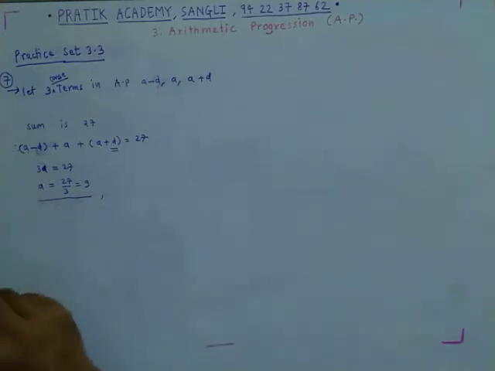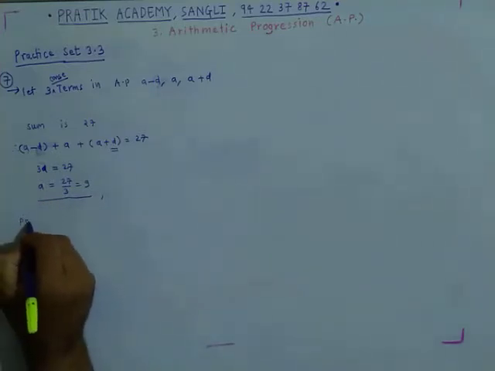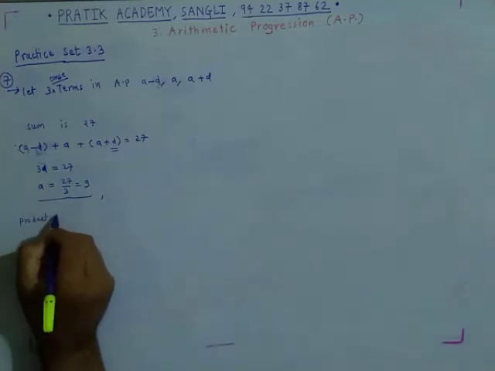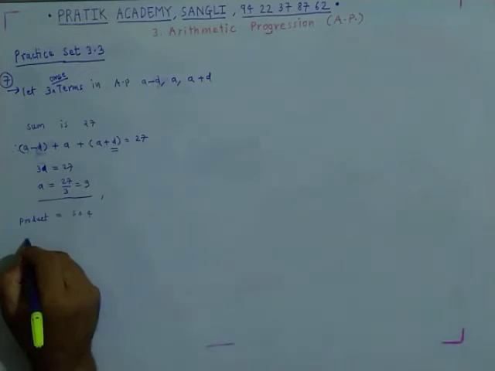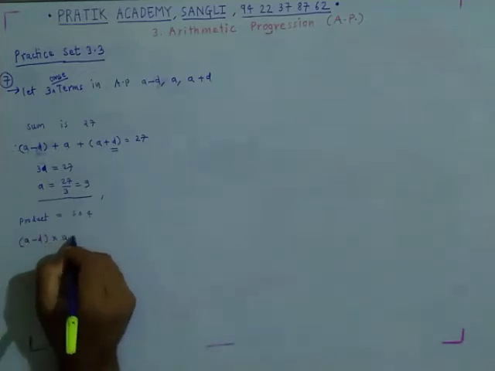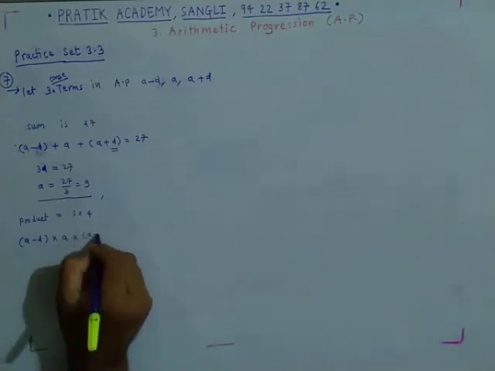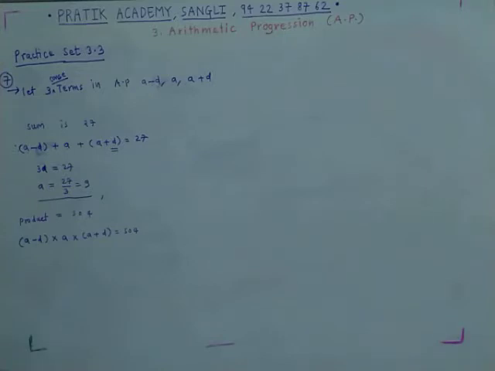Then the second condition is given about the product, which is 504. So first term into second term into third term, this product is 504.